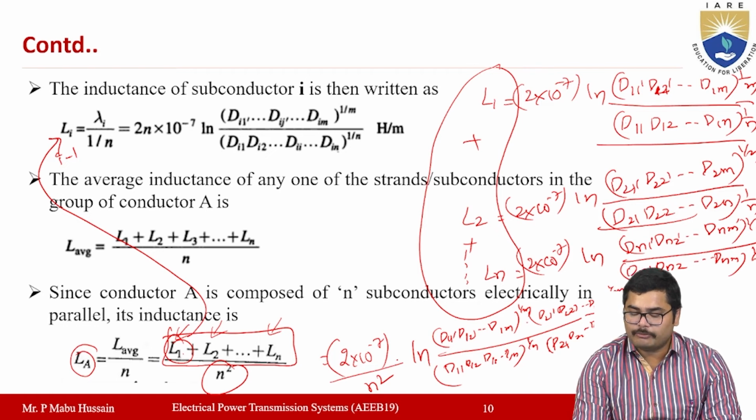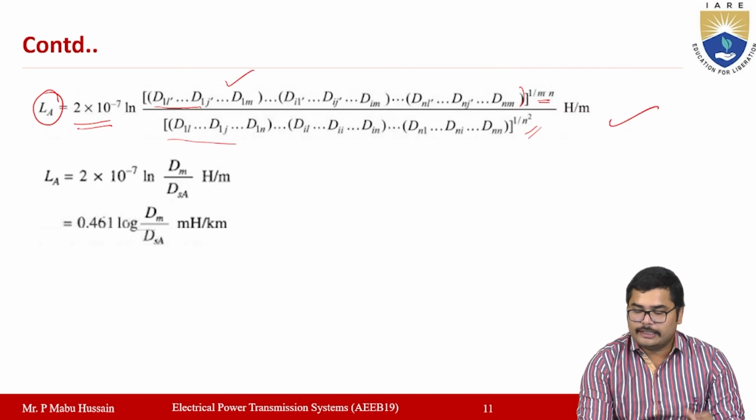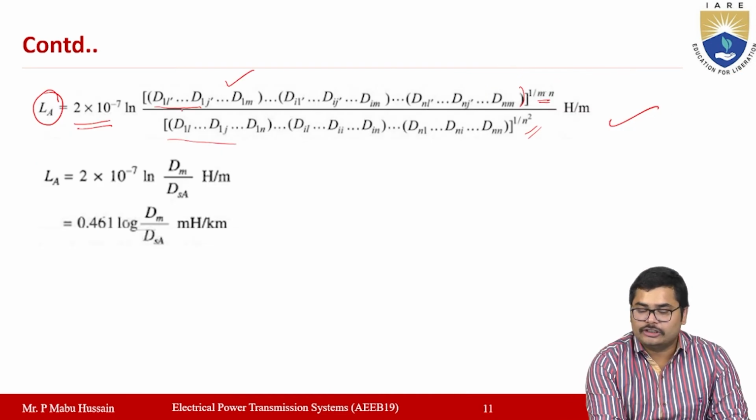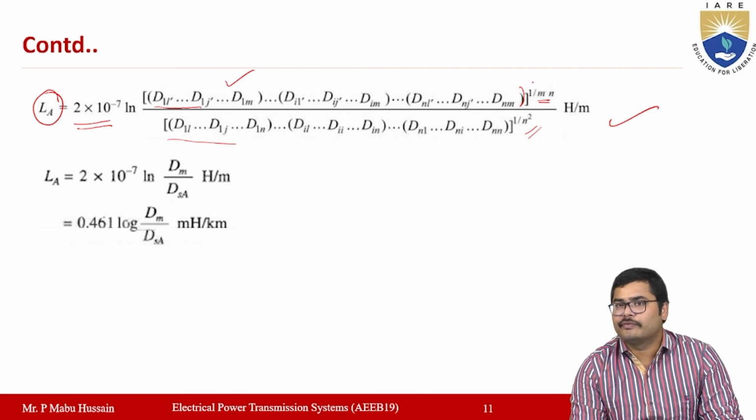Now if you take this 1 by n square as the power of this total term, you will get this.